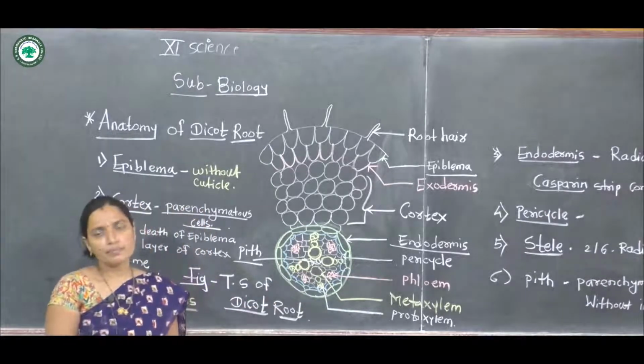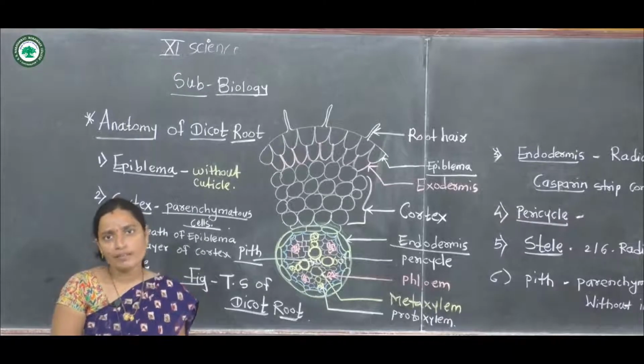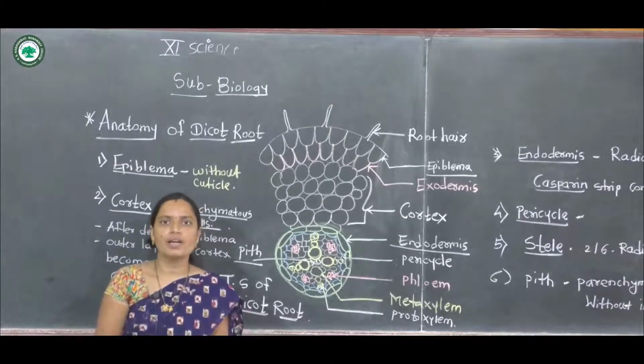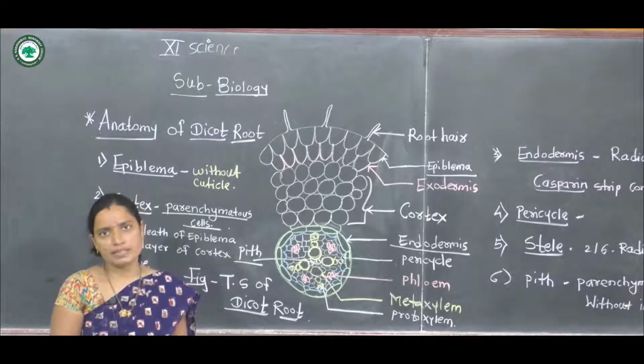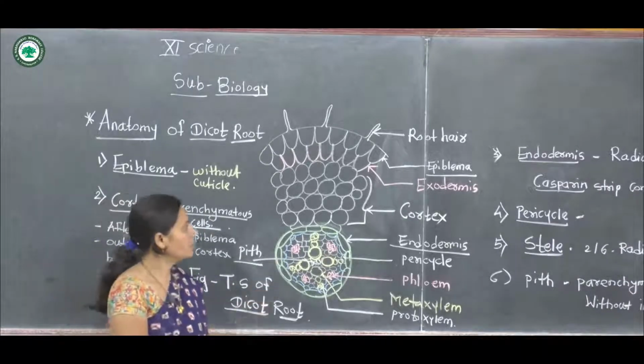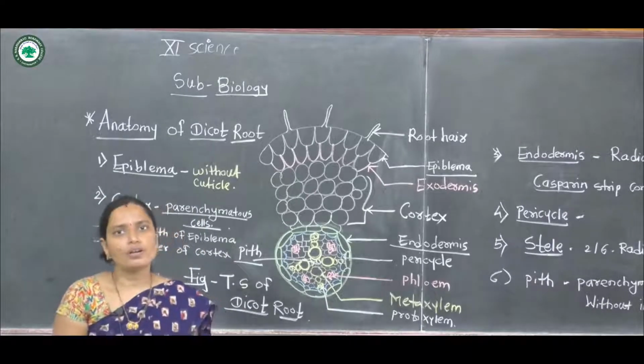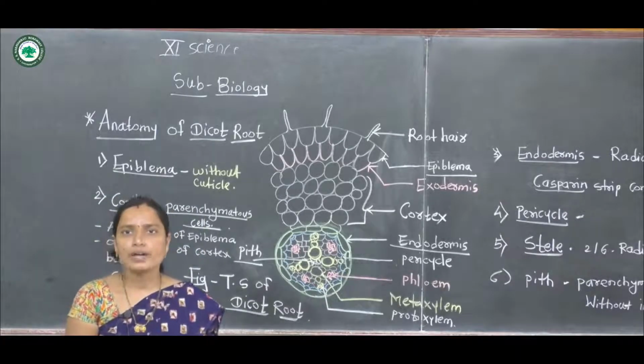It is a narrow pith cavity, which has parenchymatous tissue without intercellular spaces in this parenchyma tissue. This is the internal structure or anatomy of the dicot roots.